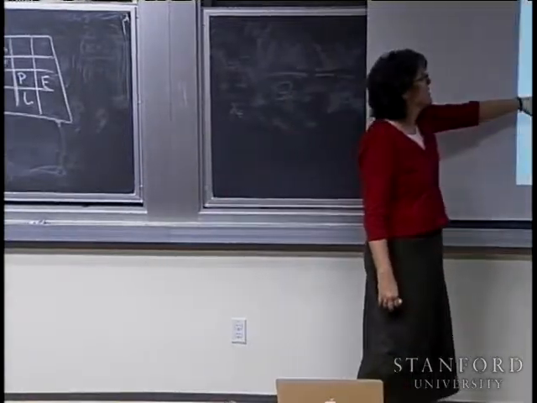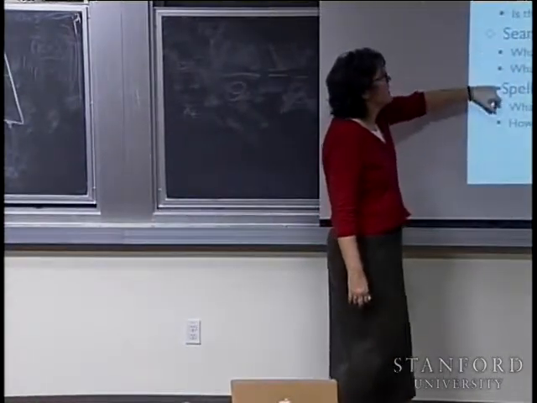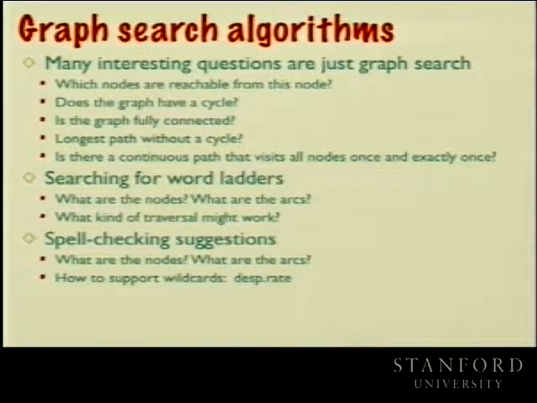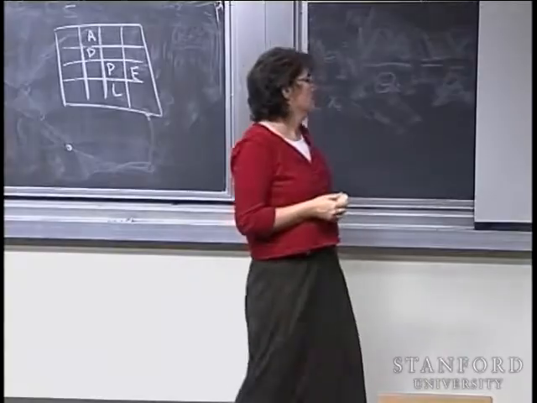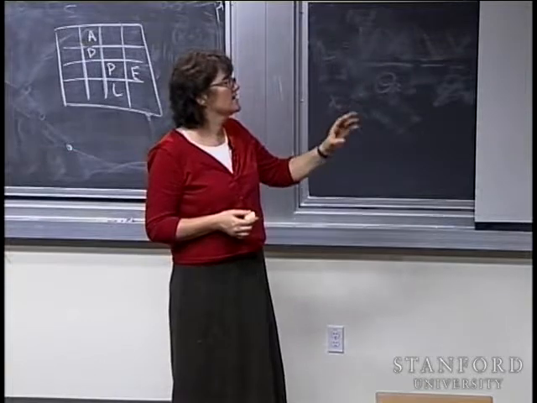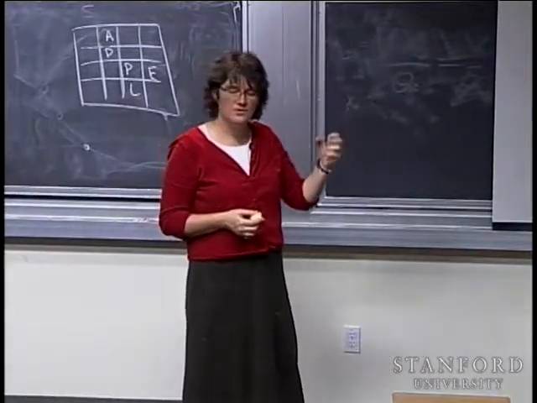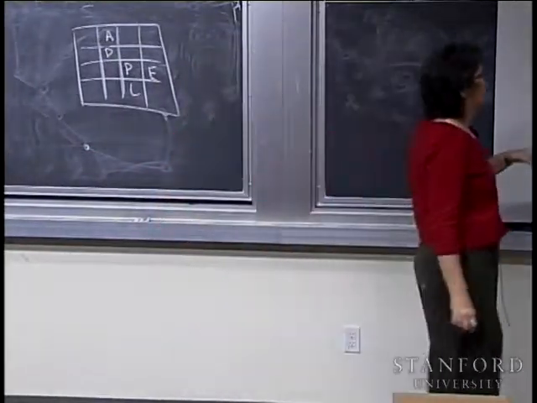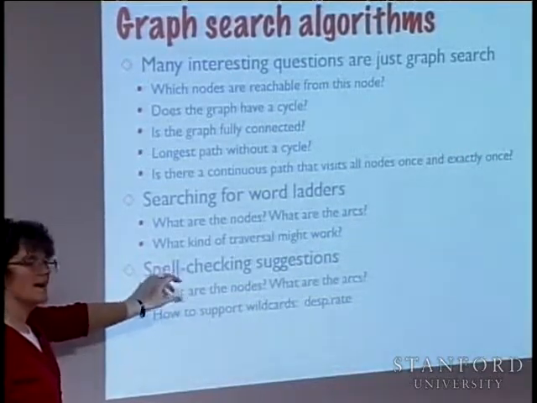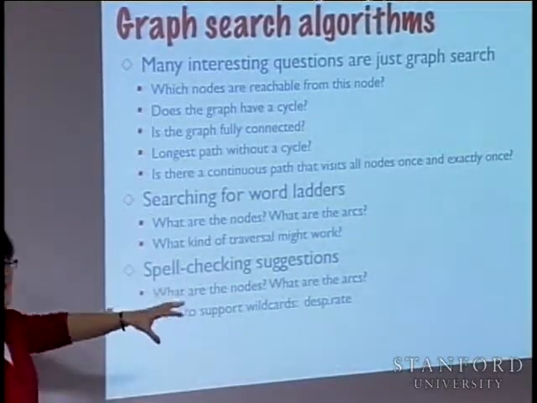Another one that I think is neat to think about is related to the idea of word ladders. Often when you mistype a word, a word processor will suggest a word that you might have meant instead. You type a word that it doesn't have in its lexicon, and it says, well, that could just be a word I don't know, but it also could mean that you mistyped something. So what you want to look at is neighboring nodes, sort of diagramming a graph of all the words you know of, and then the tiny little twiddles to that word that are neighbors to it, right?